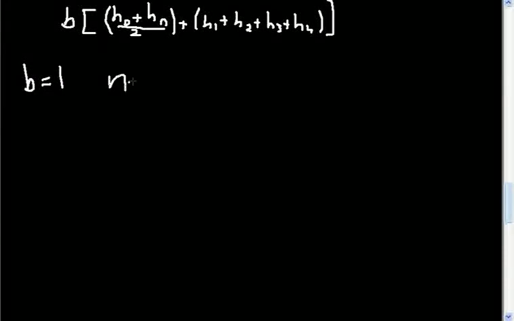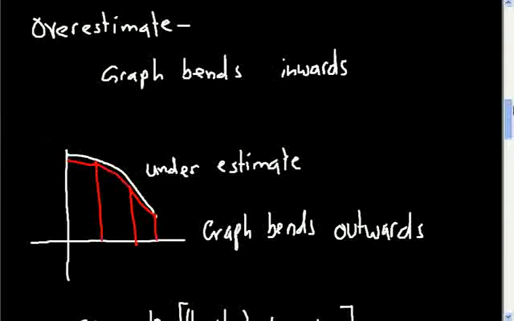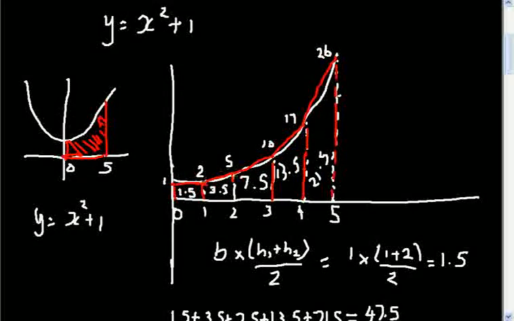The number of strips I have is 5, and my function is y is equal to x squared plus 1. My first height, h0, I have to start from 0, because I'll have 6 heights to get 5 strips: 1, 2, 3, 4, 5, 6.